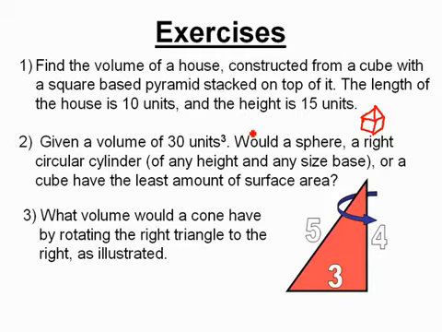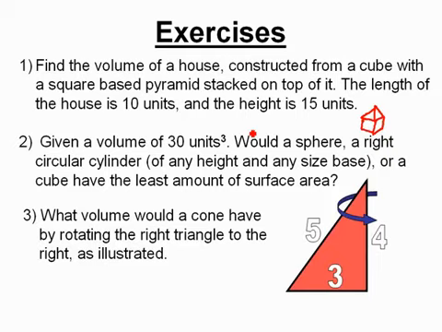Instead, take a cylinder with a huge height and a small base that has a 30 units cubed volume, or one with a very, very large base and a very short height that has a volume of 30 units cubed, and see which one has, of those, the sphere or the cube, the least amount of surface area.